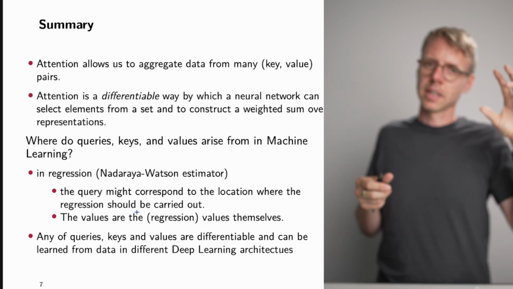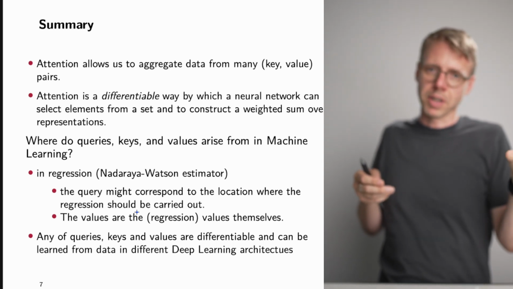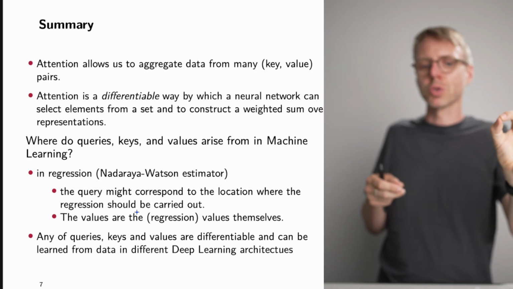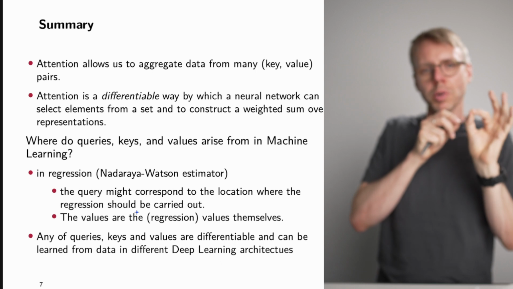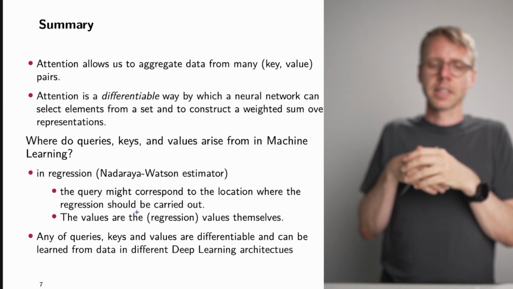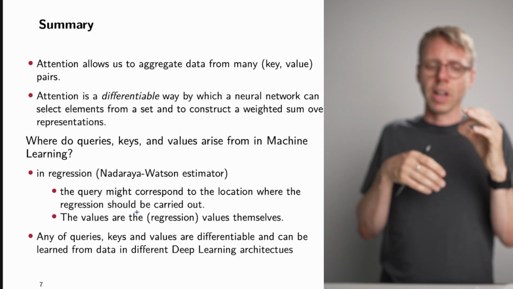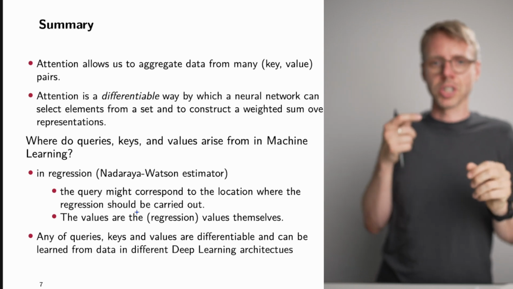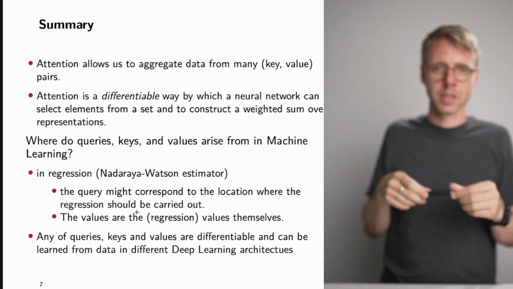In this case, the query corresponds to a location where we want to perform this regression operation, where we want to predict the value, and the values are the output regression values themselves.